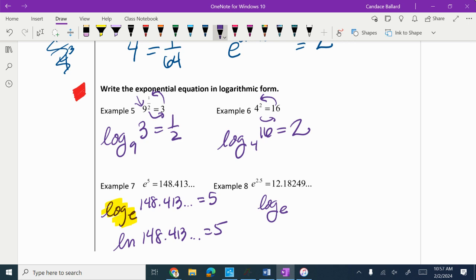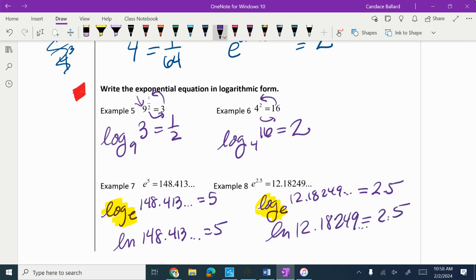And then what number gets written on the inside? Yep... equals what number? 2.5. And then our fancy way to write log base e is natural log, ln. And you can just say natural log. We all know that natural log, we're going to write ln. Okay, that's the language we use, right? Any questions about the looping piece?